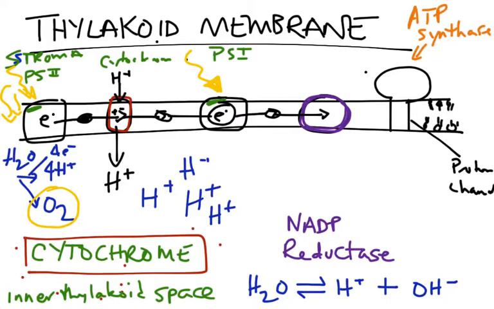Okay? These protons will want to be on the other side because you have a high concentration of protons on this side compared to that side. So these protons are naturally going to want to cross the membrane. And if you have a proton channel, they are going to come sailing through, no problem. They'll move.